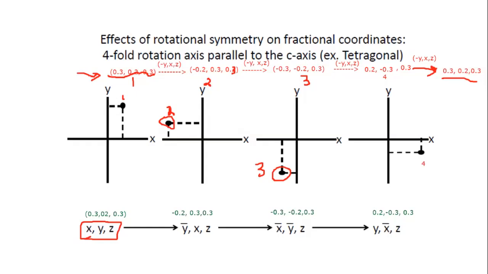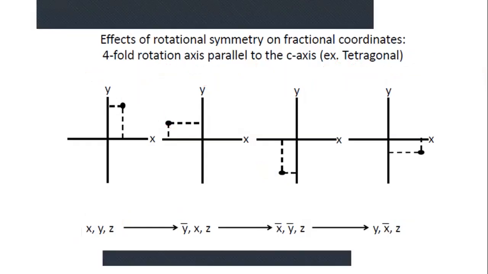So now let's look at some examples. Here we have the following set of coordinates. We want to perform a twofold parallel to C, a twofold parallel to B, and a fourfold parallel to C. So we want to generate all the symmetry related coordinates for this. When we have a twofold parallel to C, we start with 0.3, 0.4, 0.75.